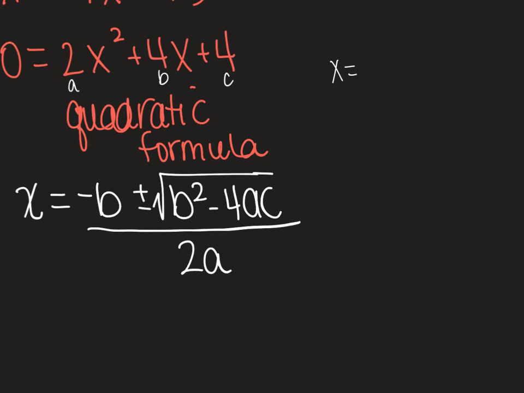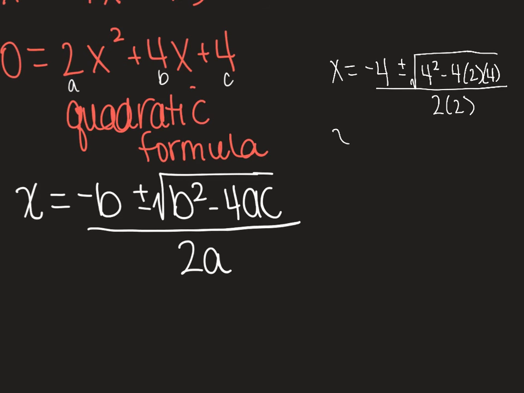Our b value is 4, so we're going to have negative 4 plus or minus the square root of our b squared, so 4 squared, minus 4, times our a, which is 2, times our c, which is 4. And that's all going to be over 2 times a, and our a is 2. So you can see I just plugged in our a, b, and c.